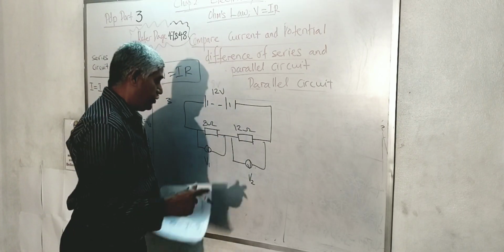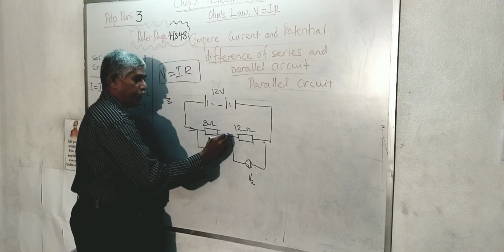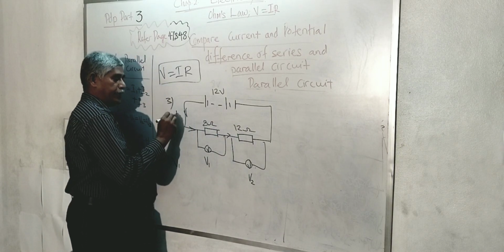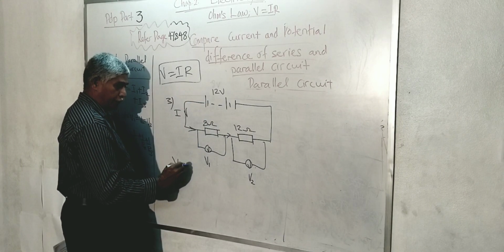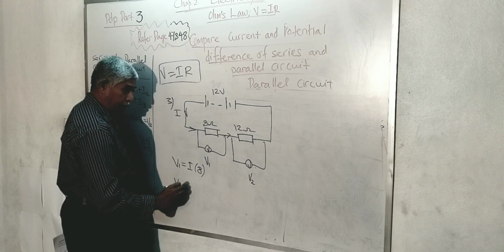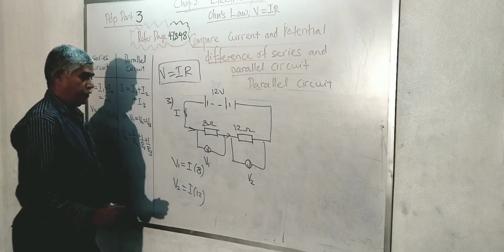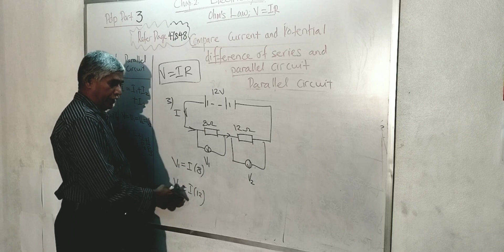If you want to get the voltage V1, since this is a series circuit, as we already said, current is the same. So V1 will be I times 8 ohm and V2 is going to be I times 12 ohm. So you want to find I first.